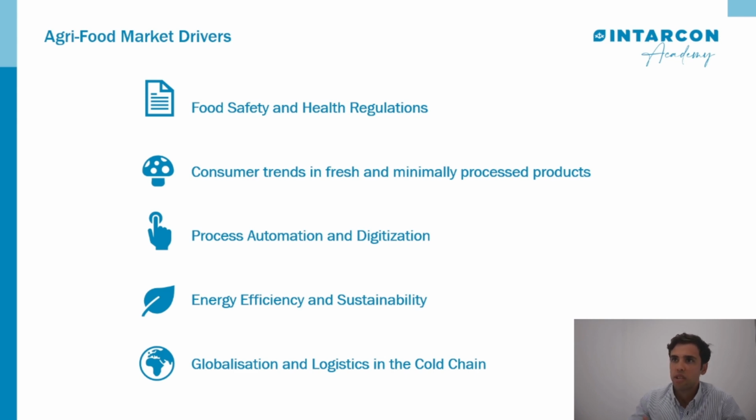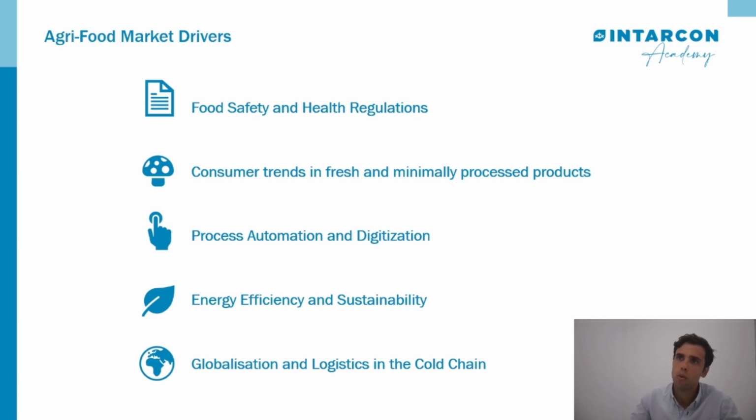Next, process automation and digitalization, where industry is transforming the agri-food sector, keeping holistic control of the variables that are included in the process. Better management software could help to optimize the processes, the preservation of food and the energy waste.